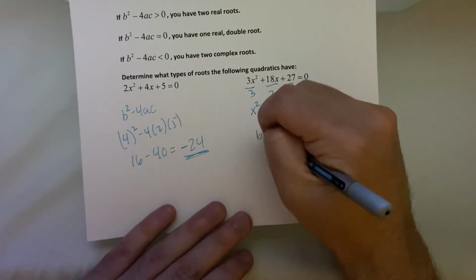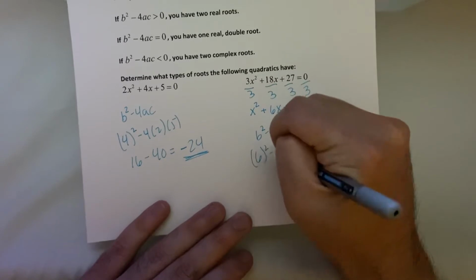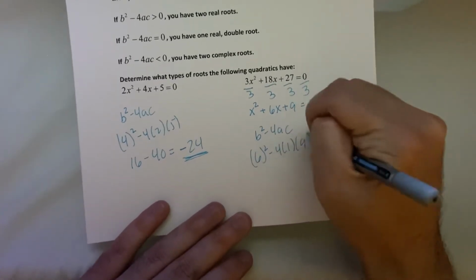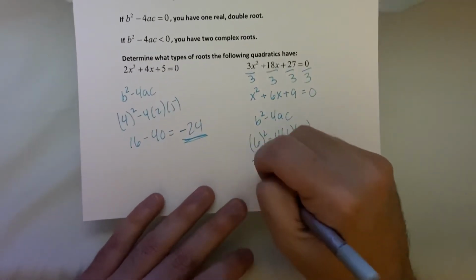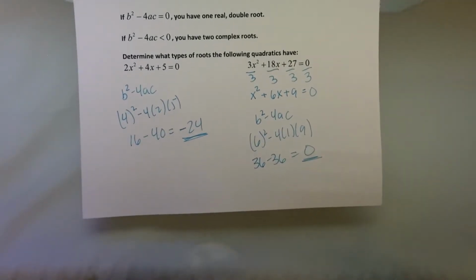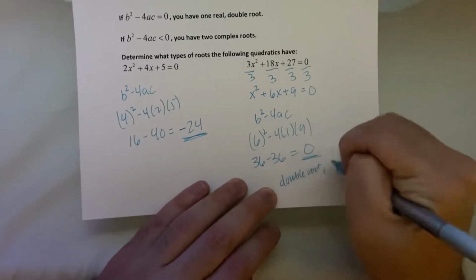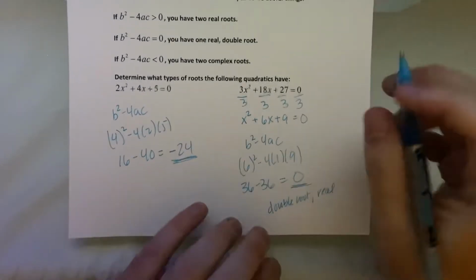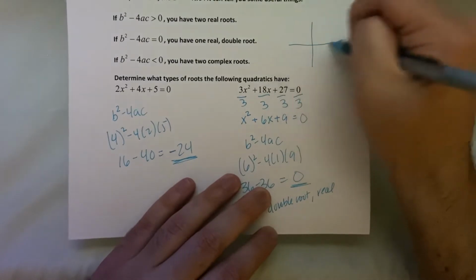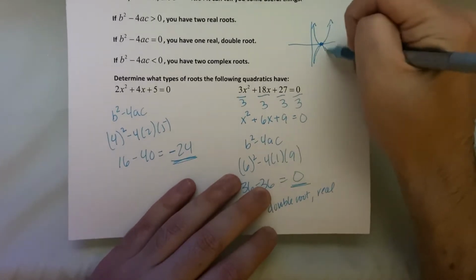So b squared minus 4ac again, so that's 6 squared minus 4 times 1 times 9, or 36 minus 36, which is 0. If you have a 0, that means you have a double root that's real. What that means is, if you have a parabola, which is what these look like, it's sitting on the axis and either going up or down to have a double root.